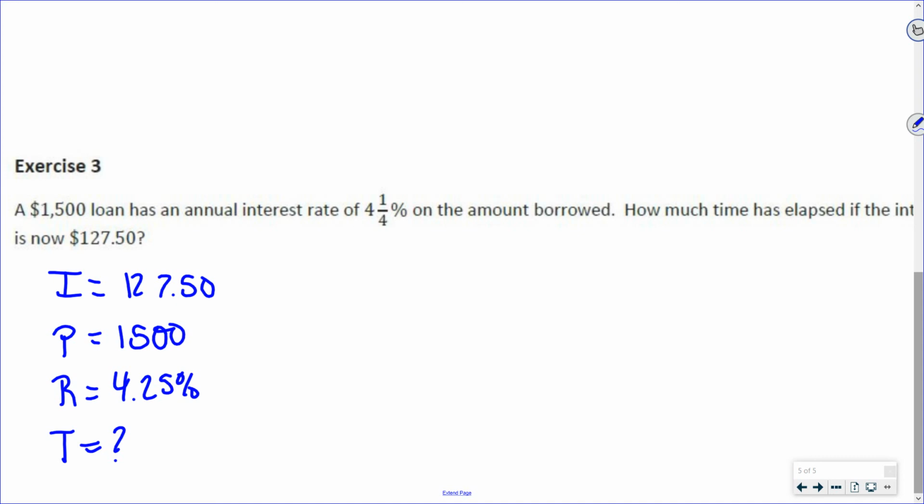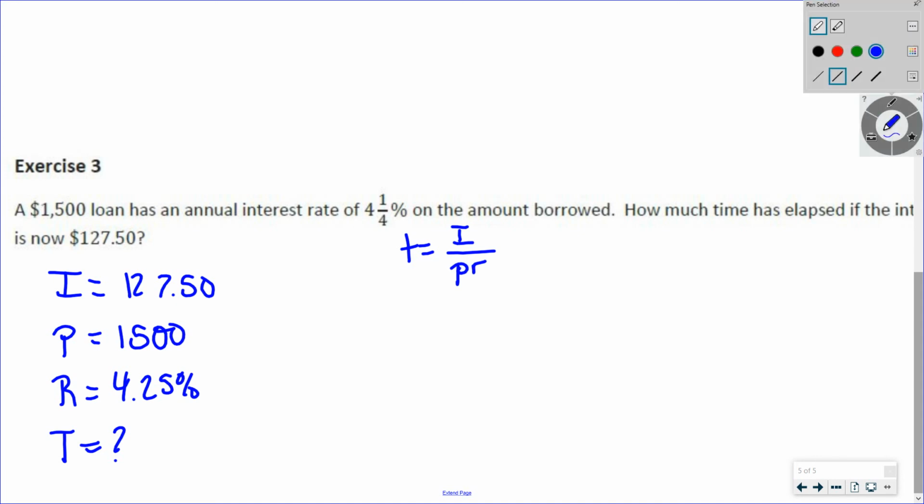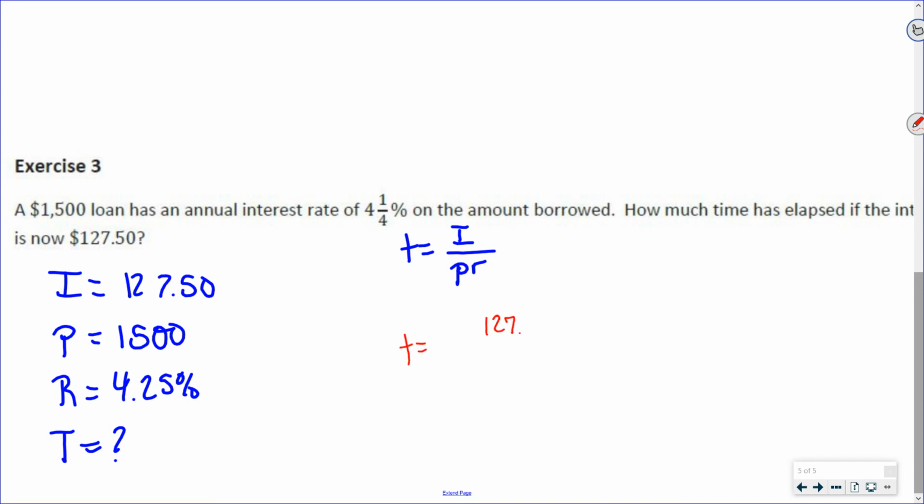So we know what the formula is. T equals the interest divided by the principal times the rate. Okay? So our time equals $127.50 divided by 1,500 times 0.0425.